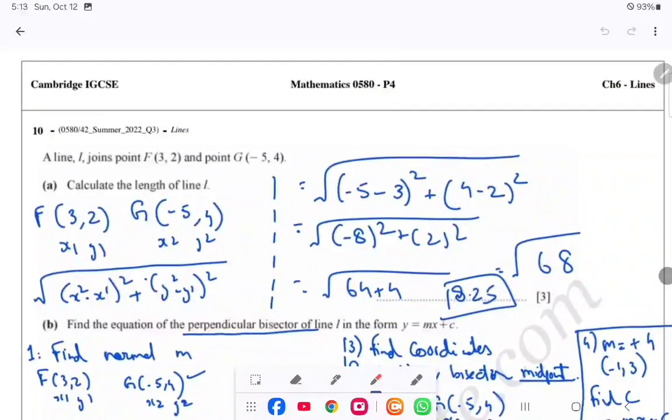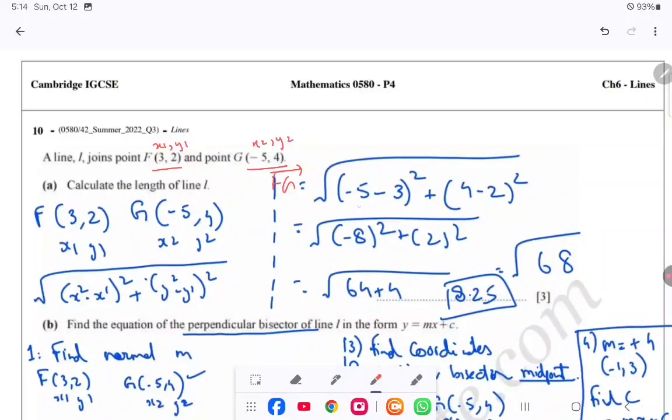Now in question 10, a line joins point F, which is (3, 2) and point G, which is (negative 5, 4). Calculate the length of the line. We know the distance formula, which is FG equals the square root of (x2 minus x1) squared plus (y2 minus y1) squared. This is our x1, y1 and this is our x2, y2.